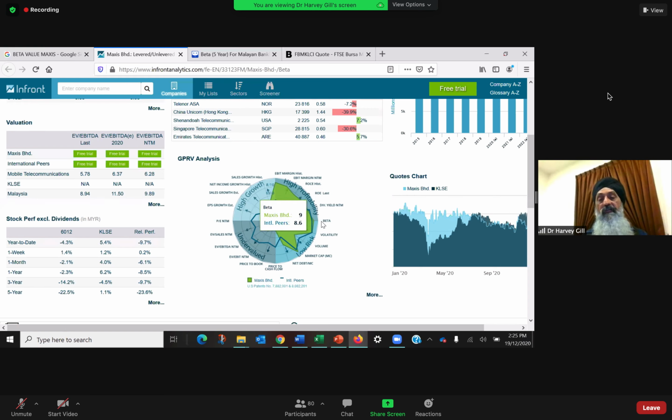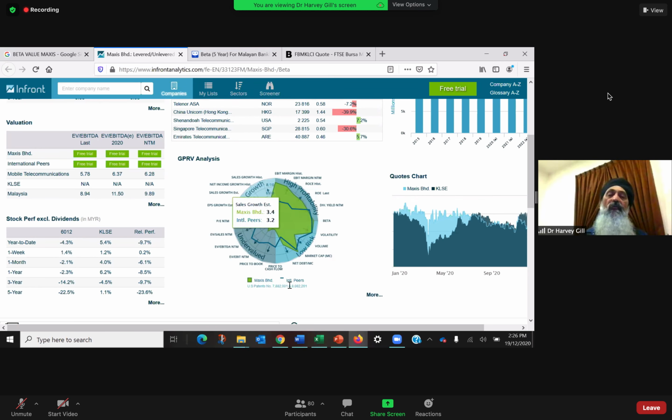You see this beta value for Maxis, 9 international peers. I don't know how they call this 9. Well, here they have called it 0.63. Okay, sometimes these values are a bit weird here, so take it with a pinch of salt.